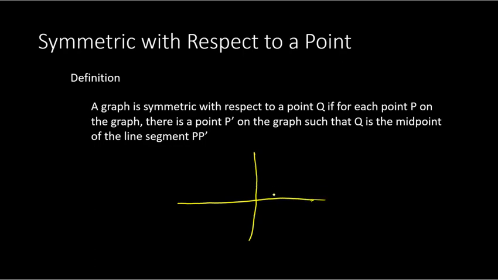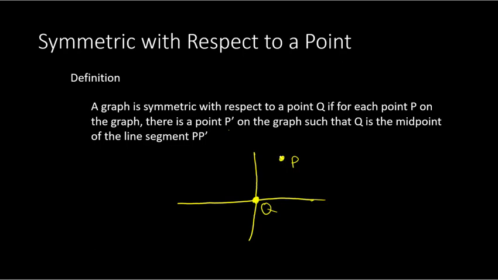Well, let's say we pick a point. Let's actually use the origin as the point. So if this is our point, we'll call that point Q. Okay, what this says is if we pick a point P, any point P, then there must be a point P prime on the graph such that Q is the midpoint of the line segment P P prime.